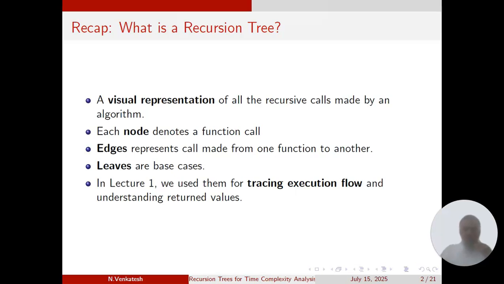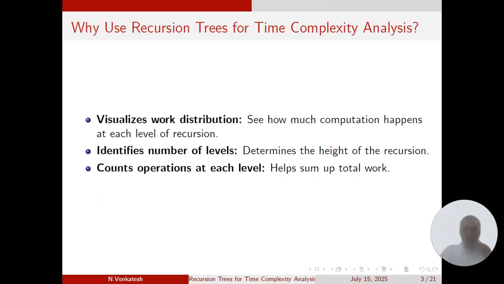So why use recursion trees for finding time complexities? Because the recursion tree shows all the function calls in the execution of the recursive algorithm, and knowing the time complexity of each function call, we can calculate the total time complexity.